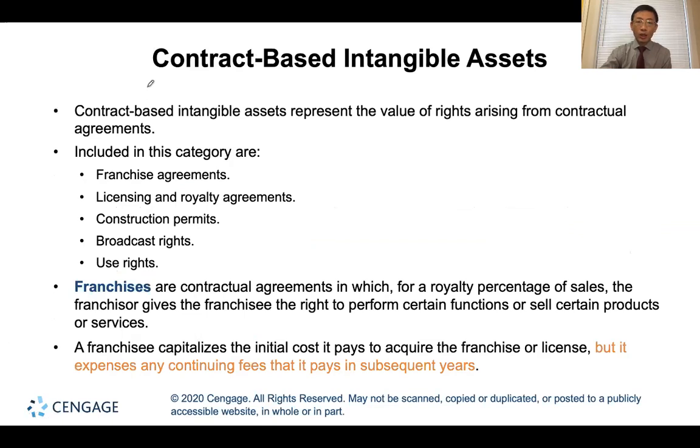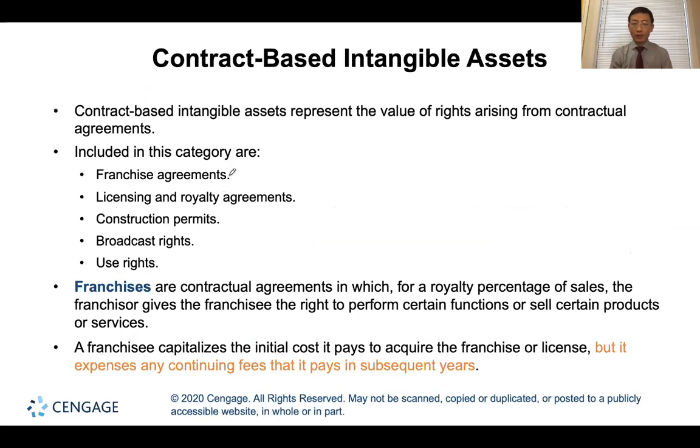And contract-based intangible assets, like a franchise agreement. McDonald's sells its franchise, and franchise organizations will buy a franchise from McDonald's.